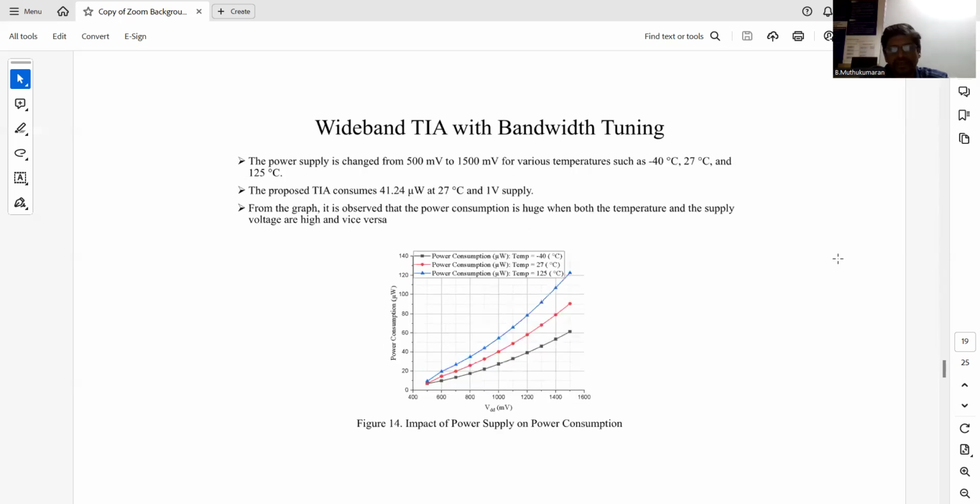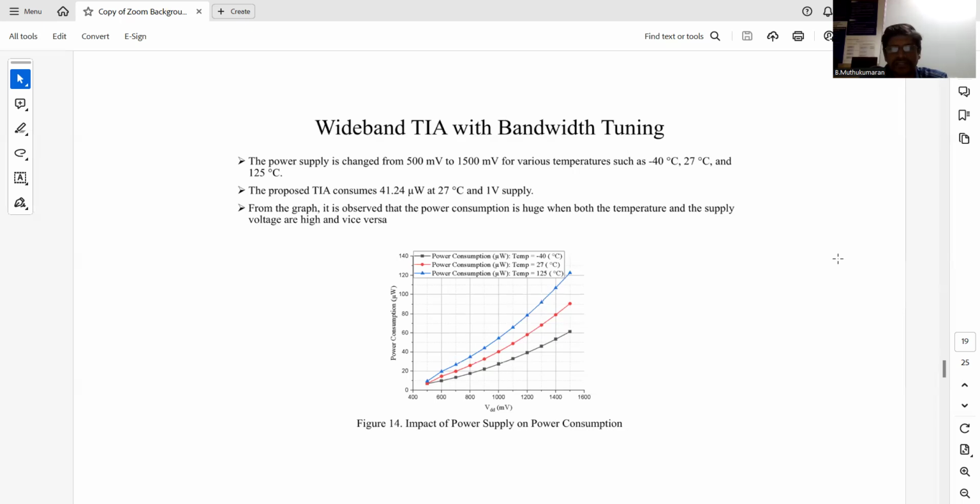This diagram shows the impact of power supply on power consumption. The power consumption is directly proportional to the temperature. The power supply is changed from 500 millivolt to 1500 millivolt for various temperatures: minus 40 degrees Celsius, 27 degrees Celsius, and 125 degrees Celsius. These are the industrial standard temperature settings.